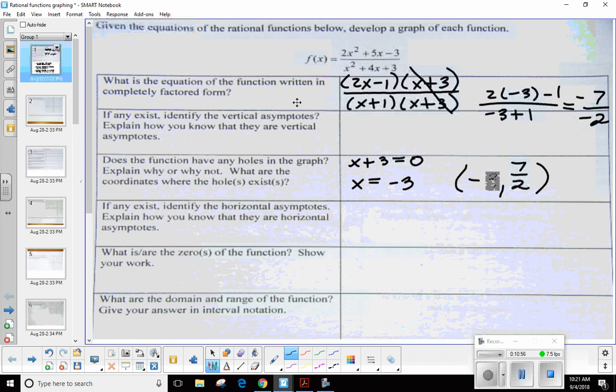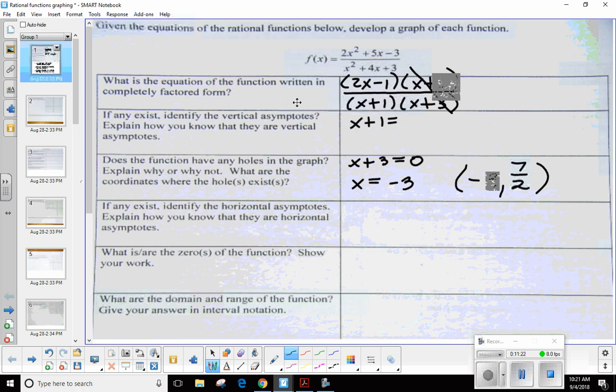Okay. So does that mean -1, the other value, is going to be a hole too? What do you think? Yes or no? No, but he came out of the denominator just like -3. He didn't cancel. There was no x plus 1 group that canceled. So he's got to be a what? He's a vertical asymptote, or what we call an infinite discontinuity.